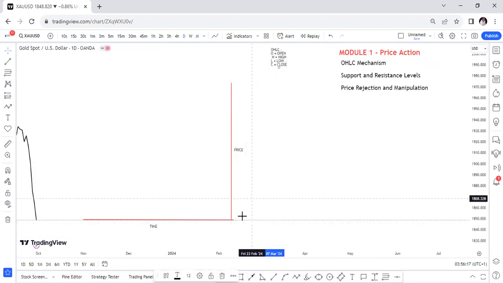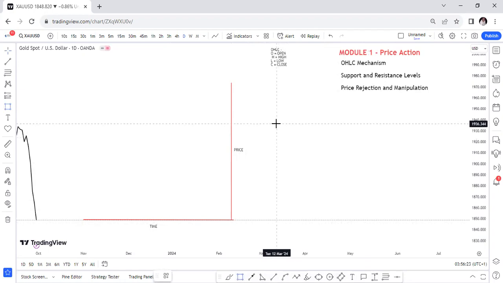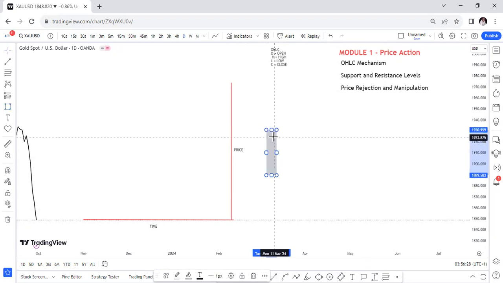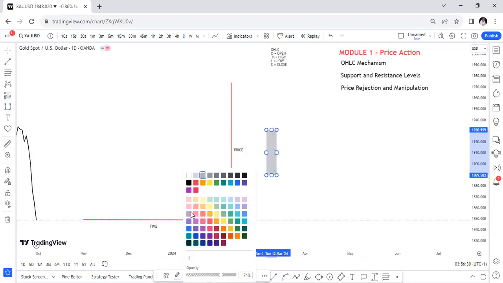With that, we say there are two things. If this is a buy, let me take it just.